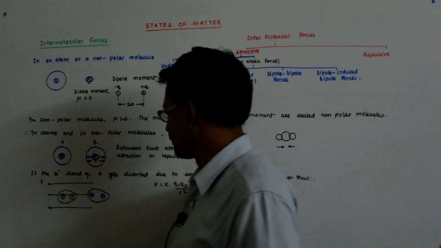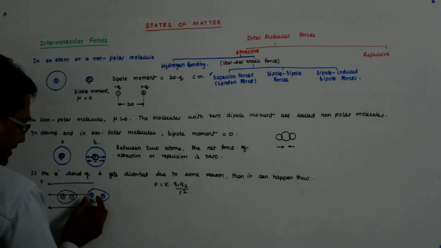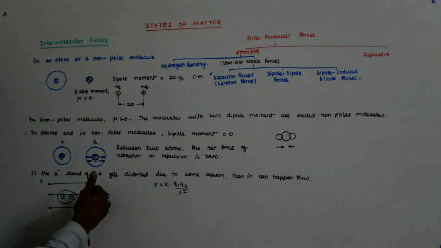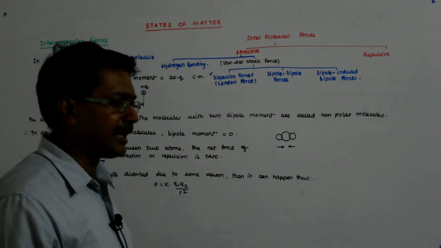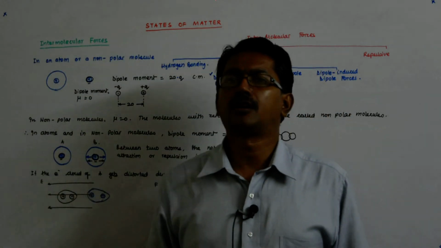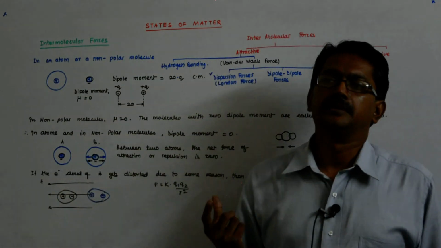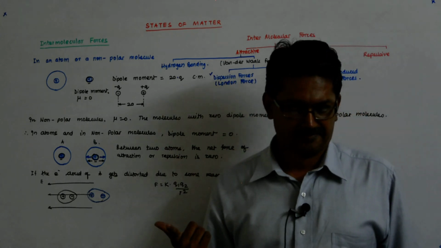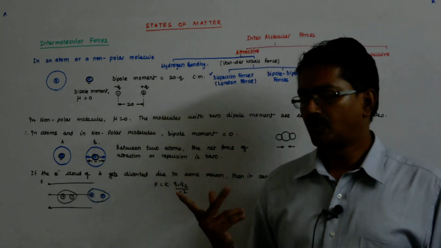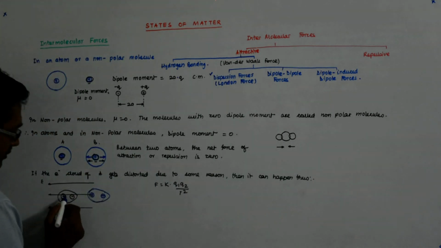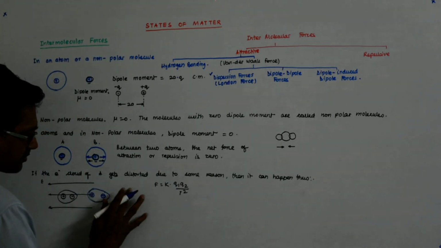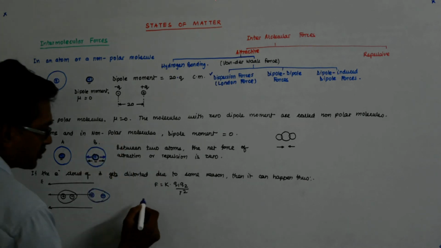Now what happens due to that? There is a net negative towards you, so there is a net force of attraction between them. You have not done the dipoles. Otherwise, I would have shown you. It's pretty simple, but don't get confused, please.